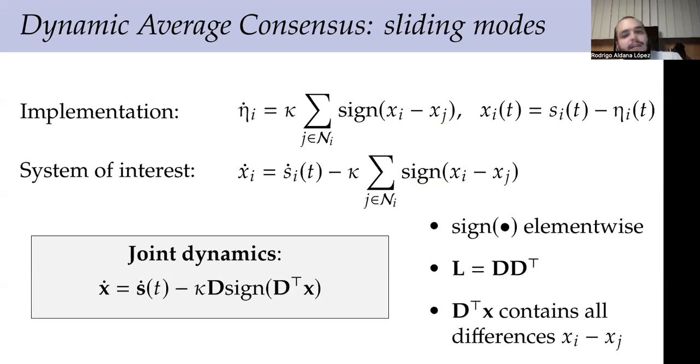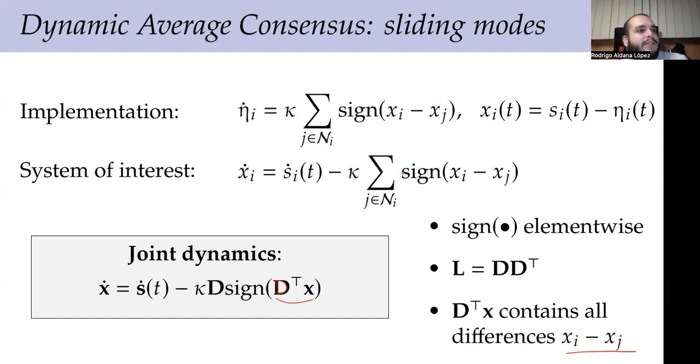And if you write it in a vector form, this is a little bit more complicated, right? But essentially, you can write it as follows. You have this matrix D, which is essentially the incidence matrix of the graph. An important part of this product is that it contains all these differences, okay?